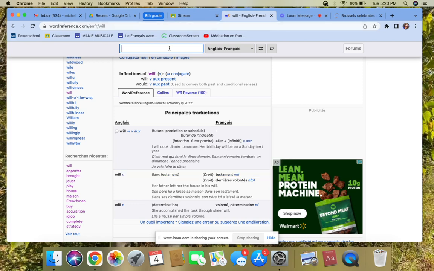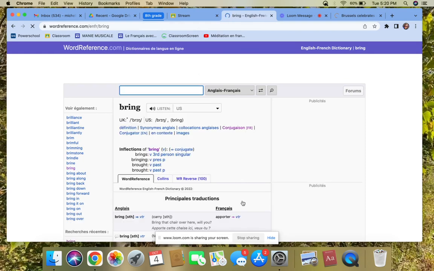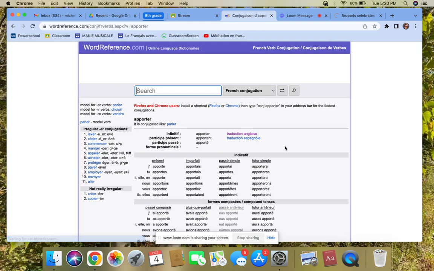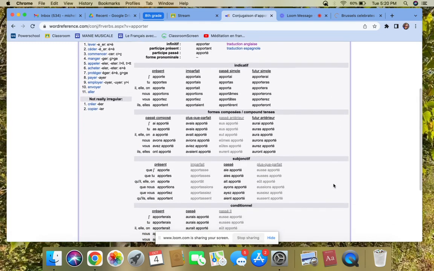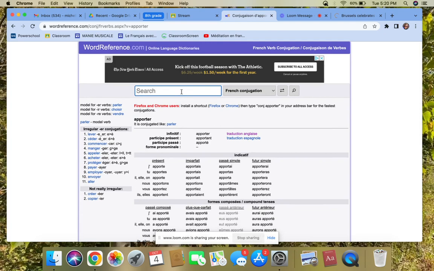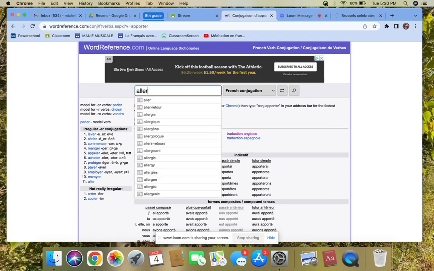So if again, I go back to bring, okay, and I try to simplify it, and I go to the conjugation. What could I do? Let's see. I know I learned futur proche, like I'm going to bring. I haven't learned the future tense yet. So I'm going to try to simplify it and still get my point across. So if I say I'm going to bring, oh, wait a minute. That's the verb aller, but I don't remember how to conjugate that.